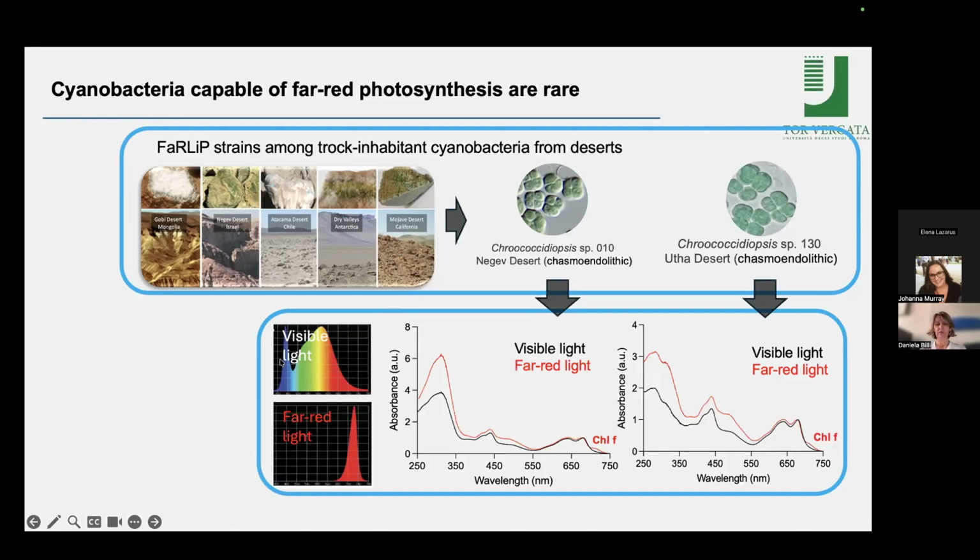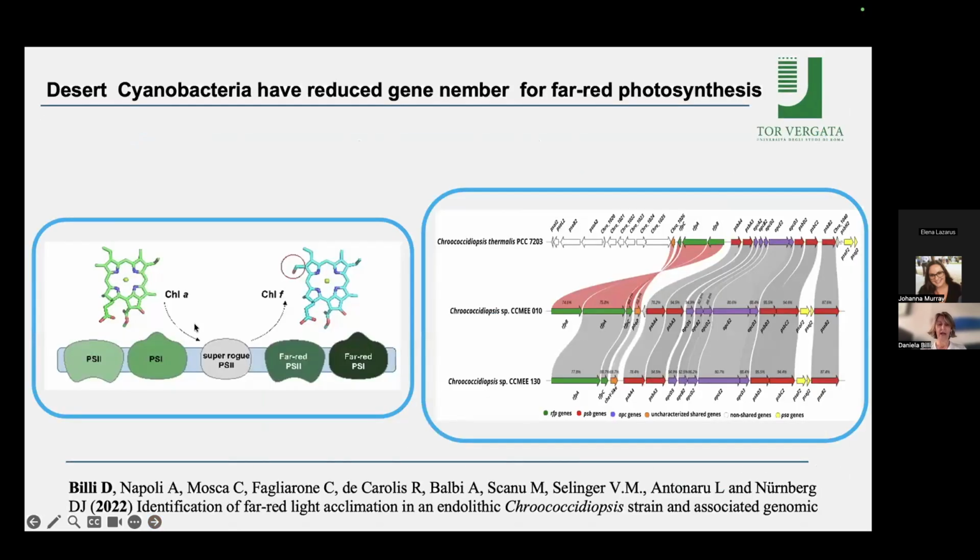We grow this under visible light, and this is the absorbance spectrum under visible light. But if you grow cyanobacteria with far-red light, around 530 nanometer, then you have the transformation of chlorophyll A into chlorophyll F, and this chlorophyll is able to use light beyond the visible.